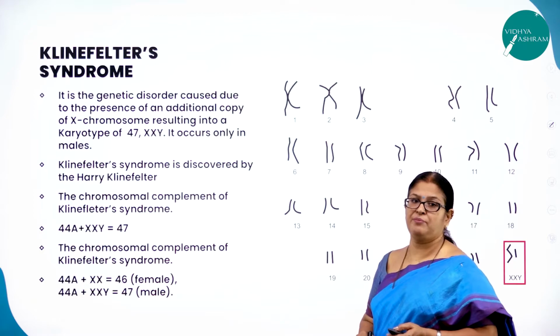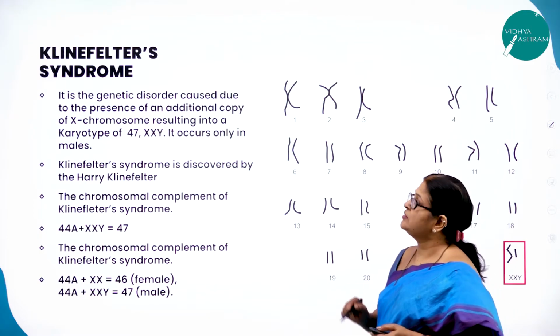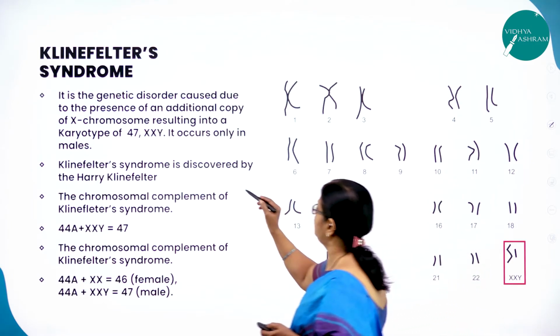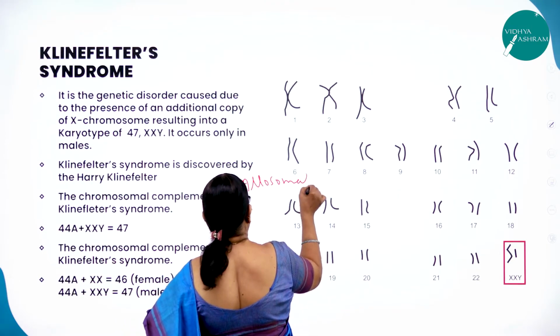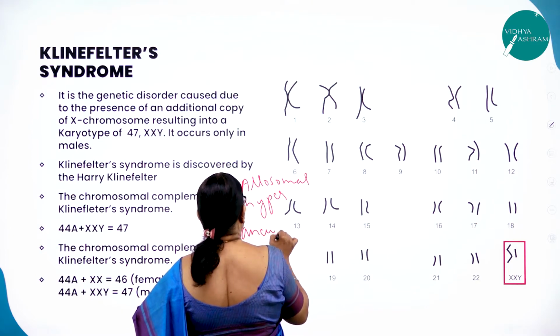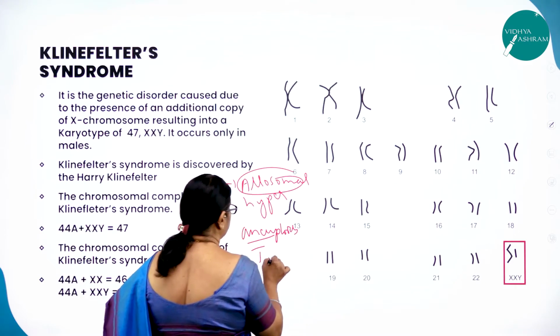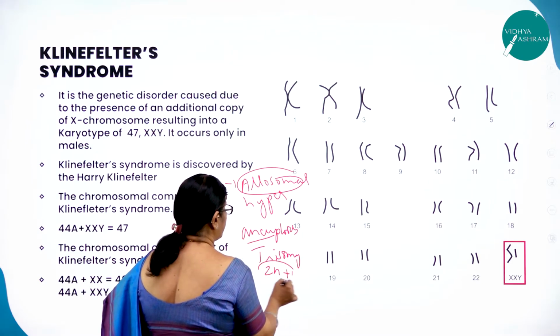Moving on to the next very important syndrome, called Klinefelter syndrome. This is due to allosomal hyperaneuploidy. This is an example of allosomal hyperaneuploidy. Here too it is due to trisomy. What do you mean by trisomy? 2n plus 1.